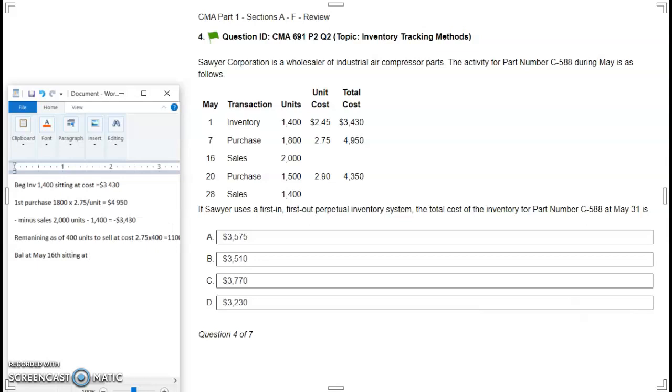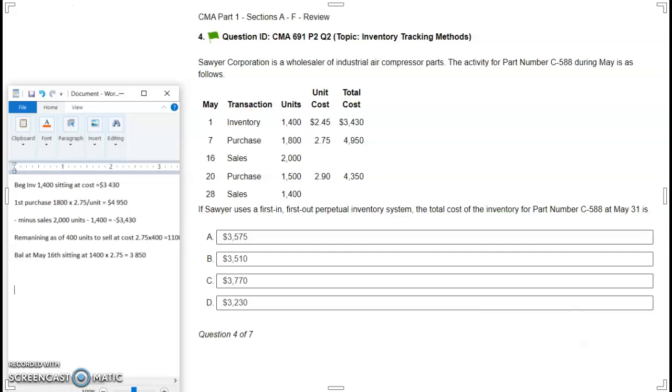It's going to be sitting at 1400 times 2.75, which equals 3,850.